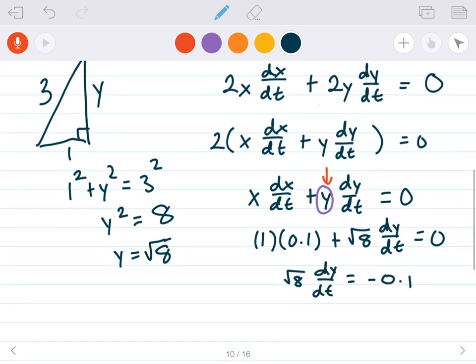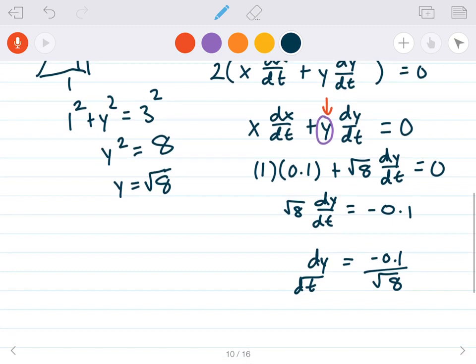And then I'm going to divide both sides by root 8. And I'm going to put this in the calculator and include units. So this is the rate at which the height is changing with respect to time. So our units are going to be meters per second here. The change in the height over time.